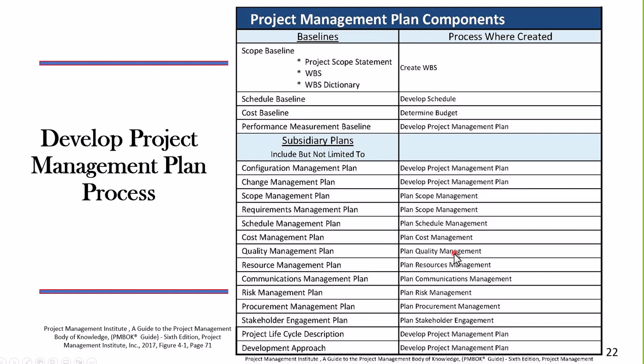For example, plan schedule management is the name of the process. Plan schedule management gives us the schedule management plan. Plan cost management, for example, gives us the cost management plan. Create WBS right here gives us the scope baseline. Develop schedule process gives us the schedule baseline, and so forth. One plan made up of 19 subcomponents.